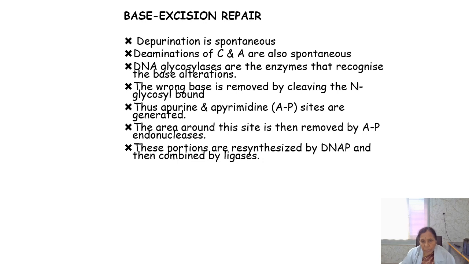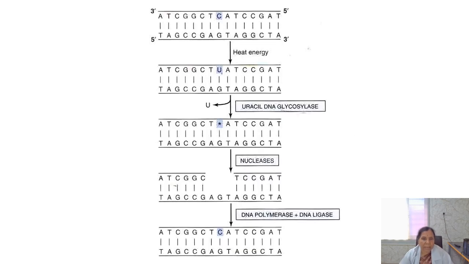Thus, purine and pyrimidine apurinic and apyrimidinic sites are generated. The area around this site is then removed by AP endonucleases. These portions are resynthesized by DNA polymerase and then joined by ligases.